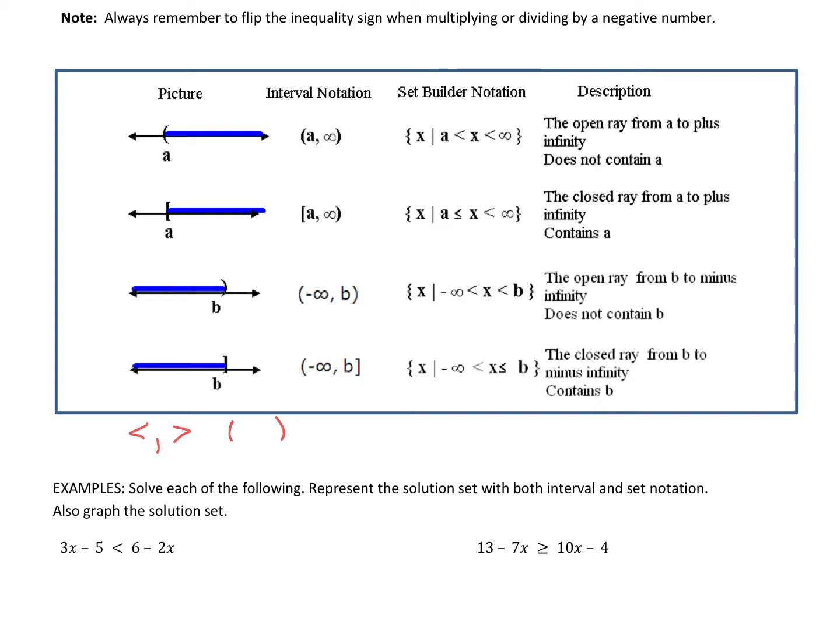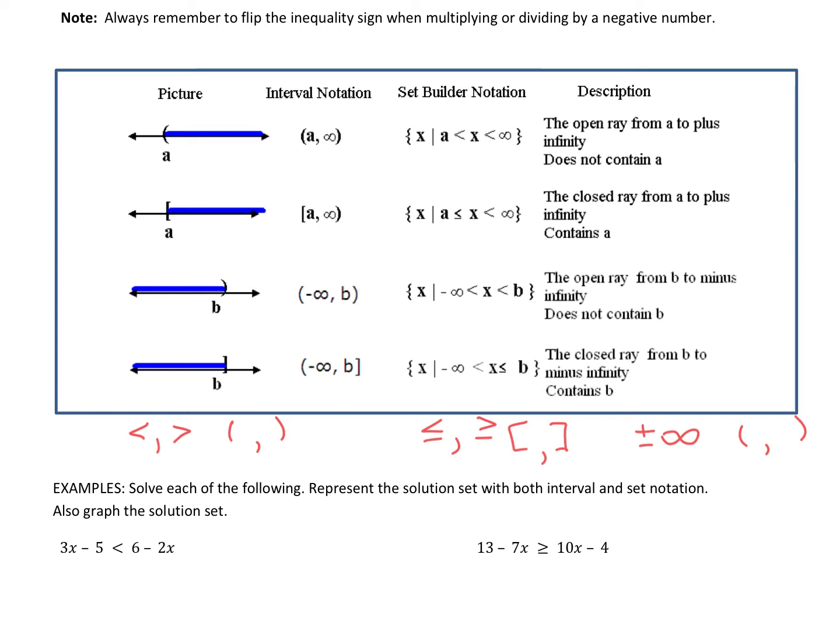If you're going to use a less than or equal to or a greater than or equal to symbol, you're going to use brackets. And if you use either positive or negative infinity, because we can't really reach infinity, we use parentheses. So here are some examples above. I'll let you read through those, but we're going to do some examples.